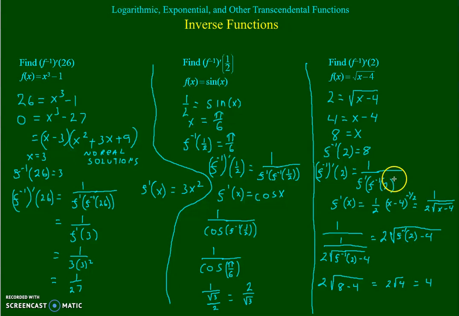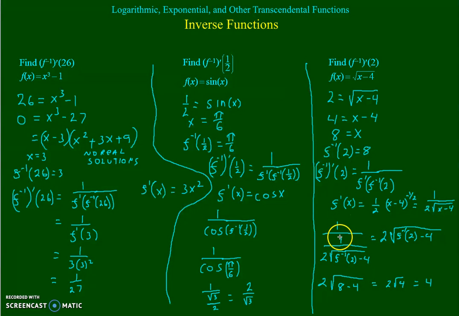Missing a parenthesis there, but that's okay. And we go ahead and substitute in. So it's 1 over 2 times the square root of x minus 4, but x is being replaced by f inverse of 2. And that's going to be this guy here eventually.